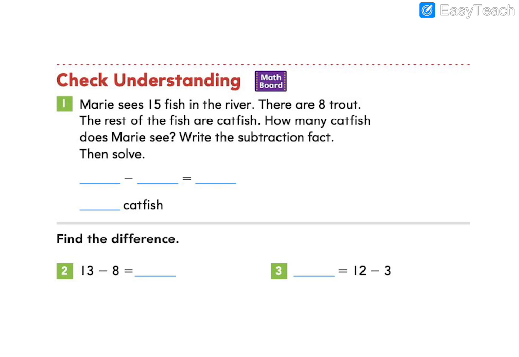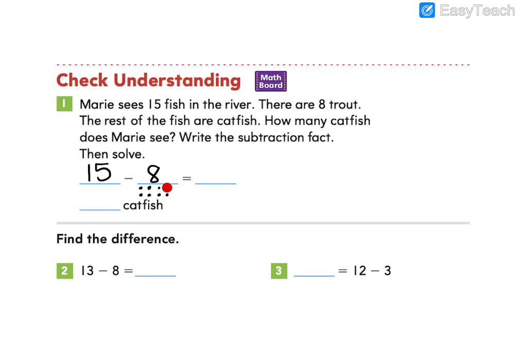For number 1, we know she sees a total of 15 fish. 8 of those are trout. So we need to find how many catfish there are. I'm going to count backwards from 15. 14, 13, 12, 11, 10, 9, 8, 7.